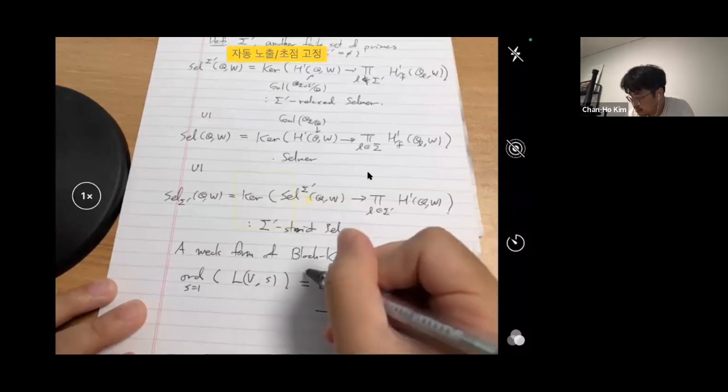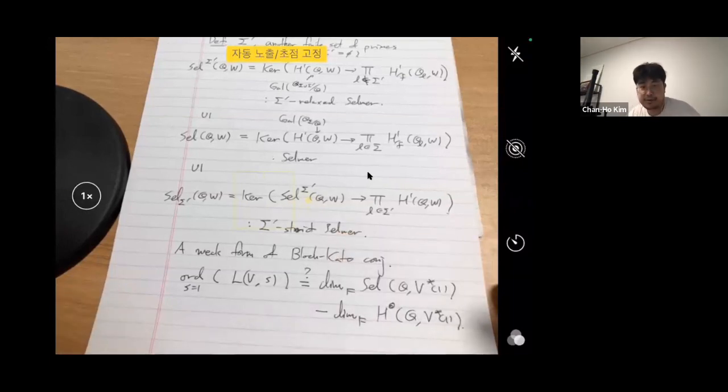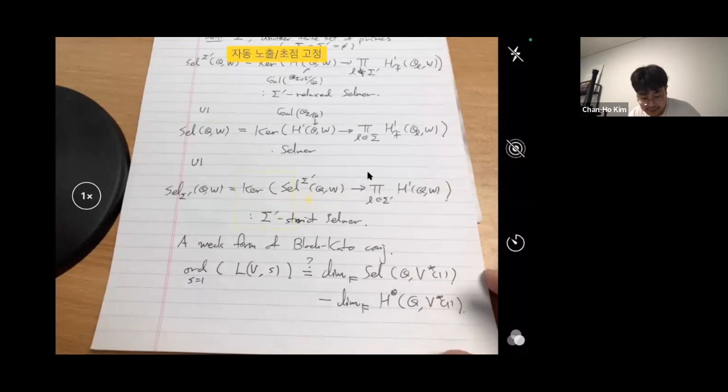That's the weak form of the Bloch-Kato conjecture. Okay, with this notion, we can define the notion of the Euler system.